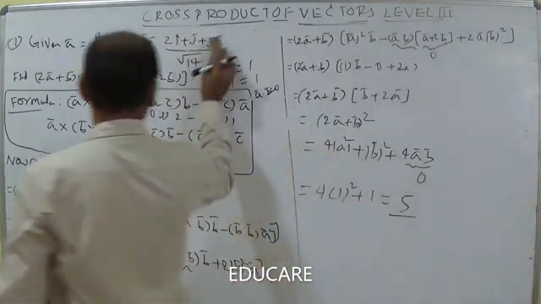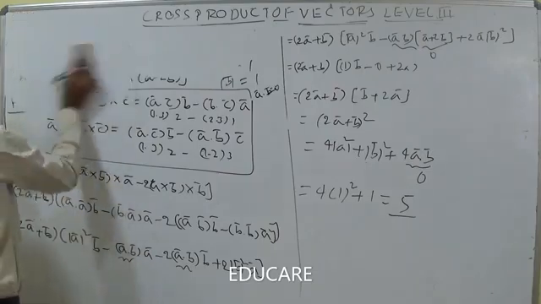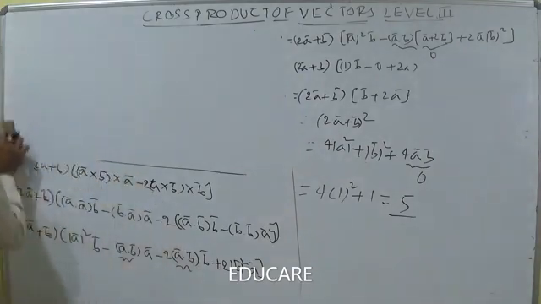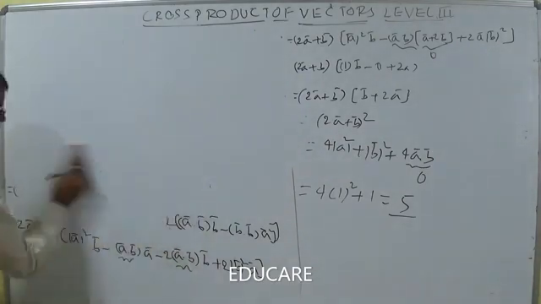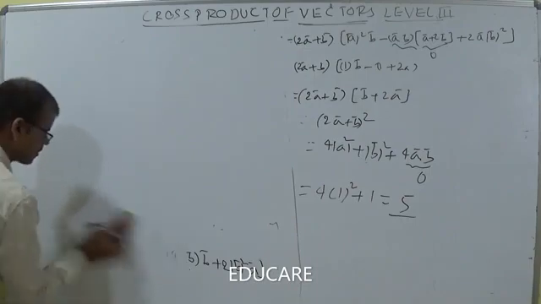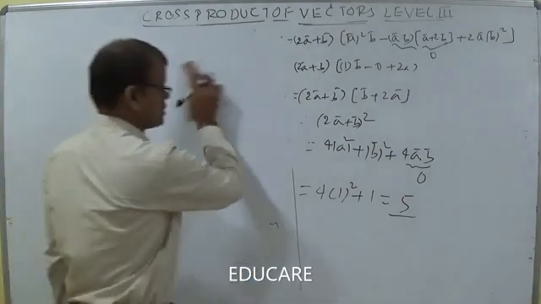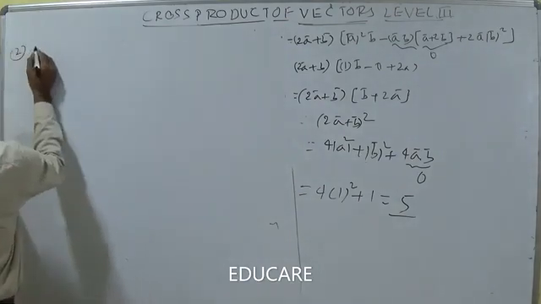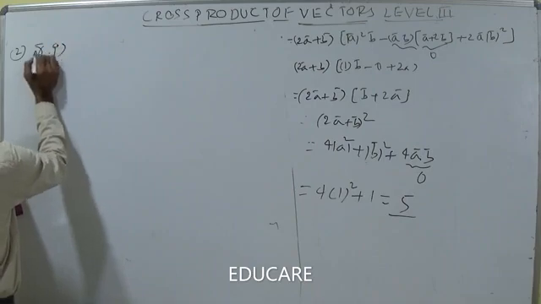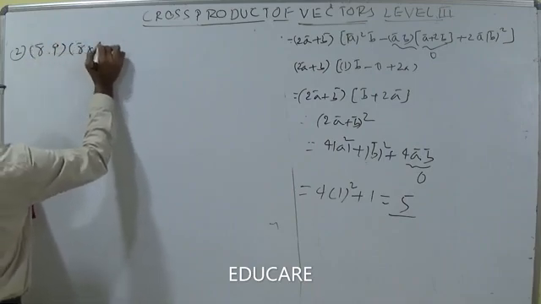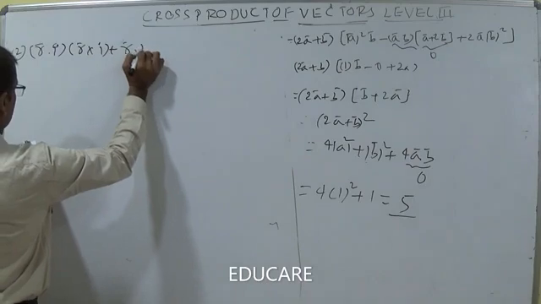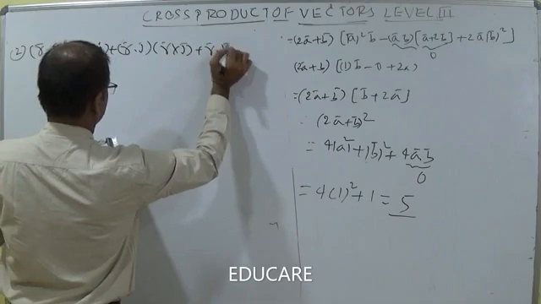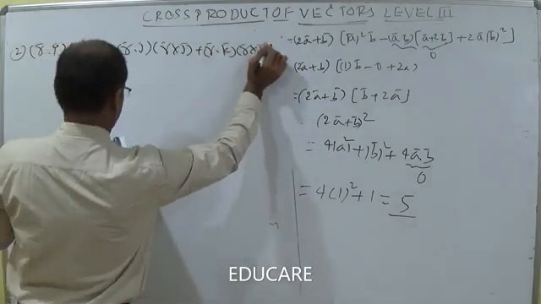Next, let us discuss the second question: r dot i into r cross i. He has given here r bar. Let us consider r bar as a vector, xi bar plus yj bar plus zk bar. Total here he has given dot and cross: r bar dot i bar into r cross i, plus r bar dot j into r cross j, plus r bar dot k into r cross k.